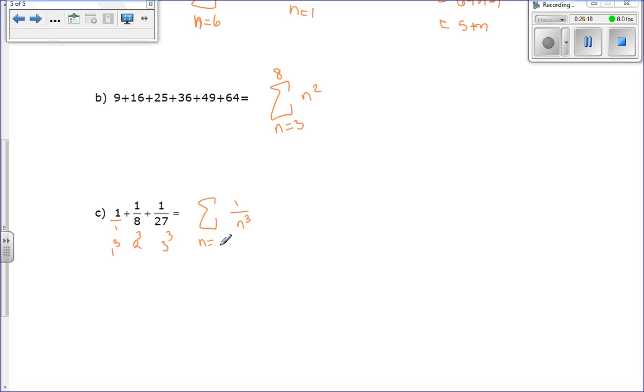If I start with 1 to the third power is 1, divided by 1 is 1. Then I put in 2. 2 to the third power is 8, 1 over 8. So this goes from 1 to 3. So it's just a little bit of extra practice of something that we have already done before, and that we will see again in this unit. And if not in this unit, we will see it again on the Regents exam.